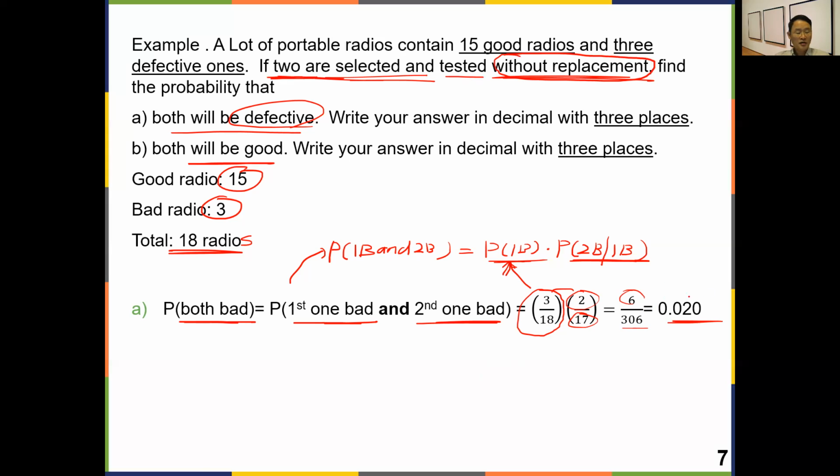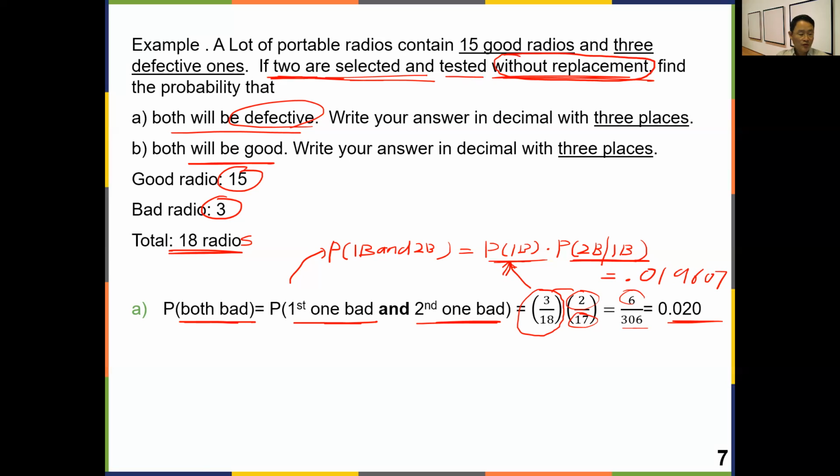They say you round it at the 3rd decimal. So 6 divided by 306, the actual number that I got is 0.0196078 and goes on, right?